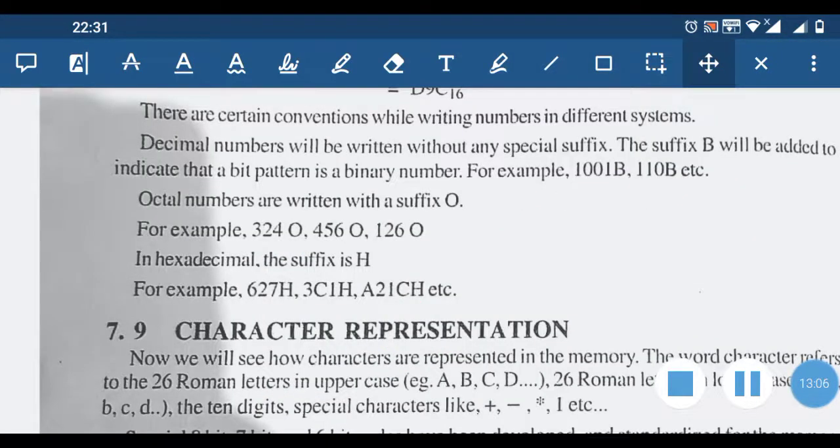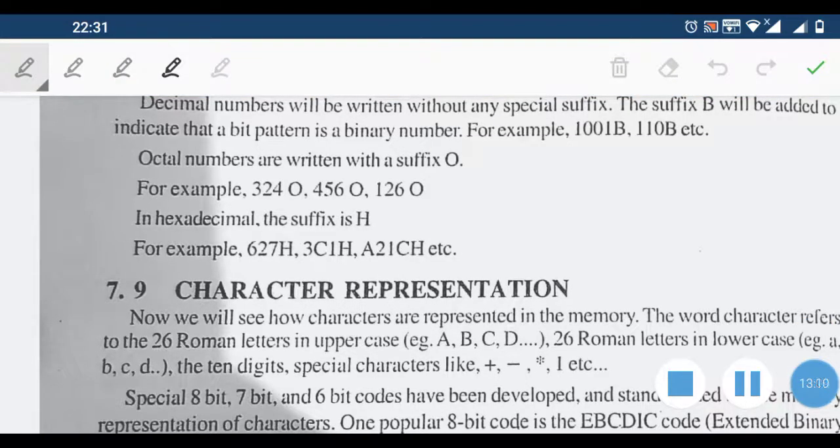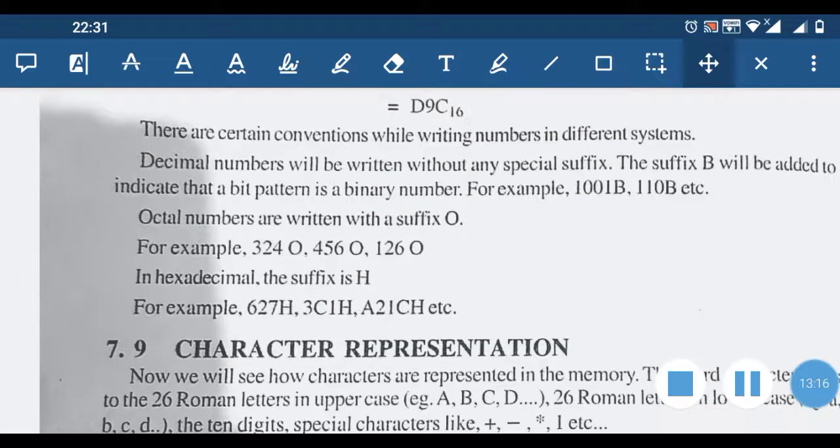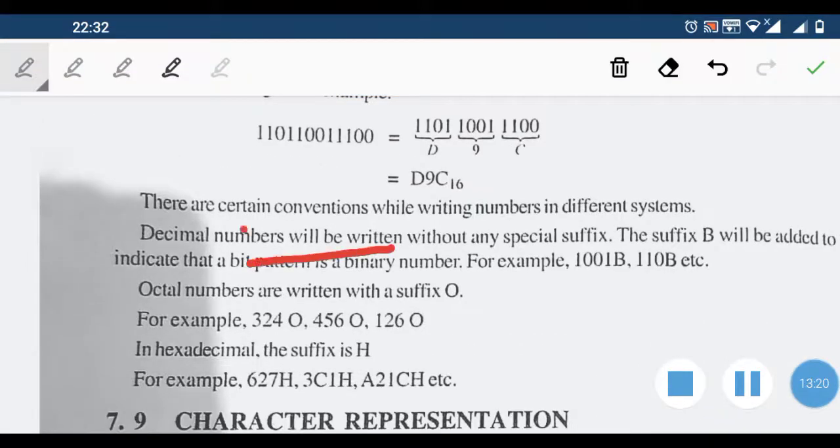Now there are different conventions for representing these number systems, certain conventions while writing numbers in different number systems. Decimal numbers will be written without any special suffix.